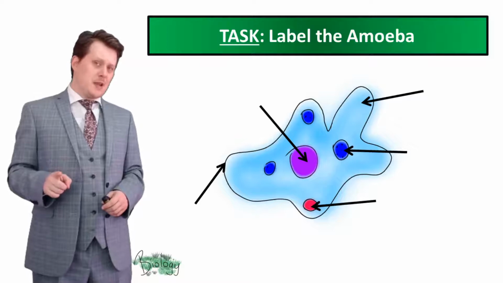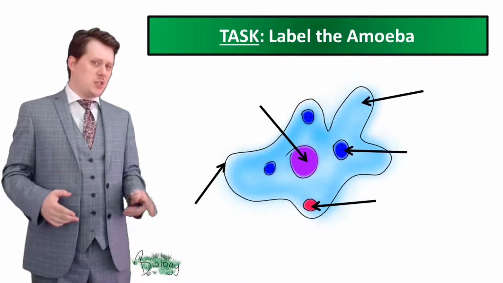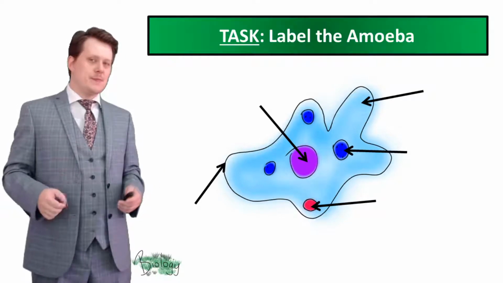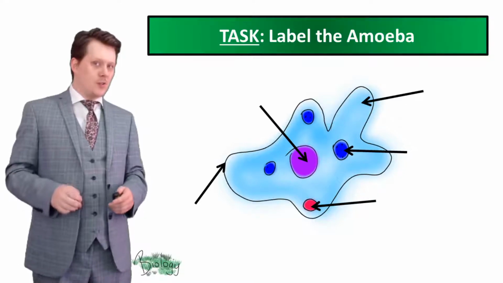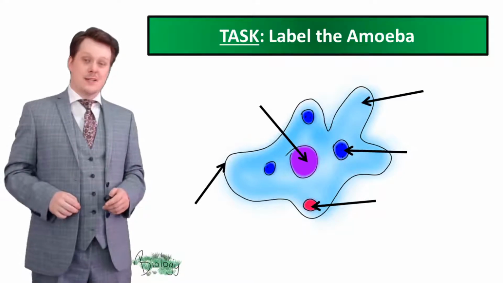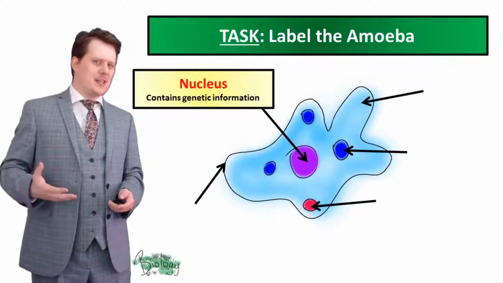The next task is made easier if you're using the worksheet, which you can download below. If you haven't got a worksheet, then I'd like you to sketch this amoeba, and as I talk about the organelles of the amoeba, I'd like you to label them on your diagram. Our amoeba contains a nucleus, which contains genetic information, or DNA.